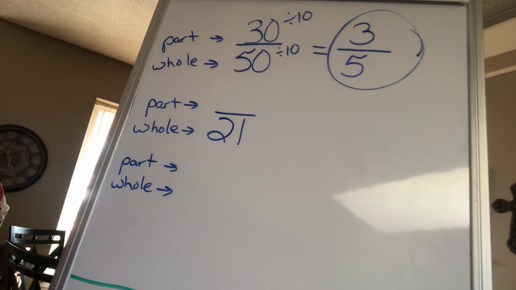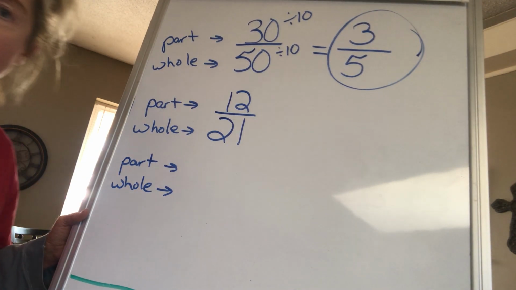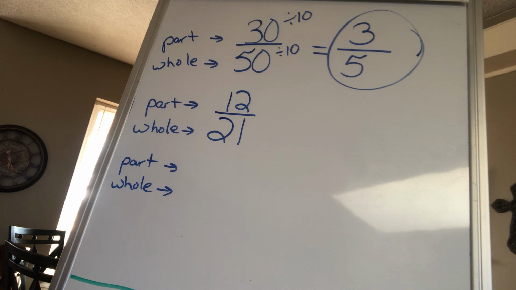And it asked me about vanilla. So the part of those that were vanilla, it says that 12 of those were vanilla. So I know that 12/21, or 12 out of the 21 were vanilla, and then I need to see if it's in simplest form.